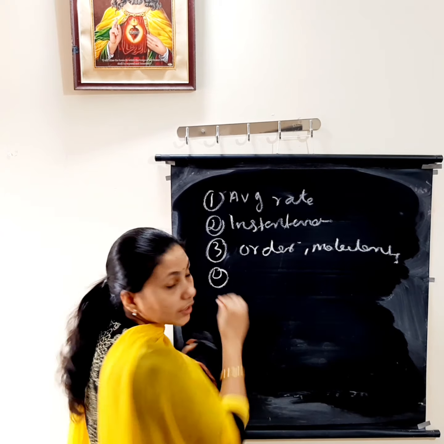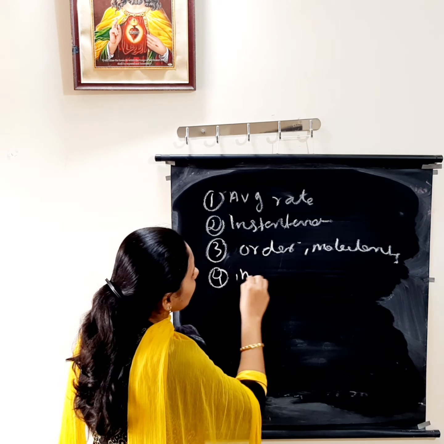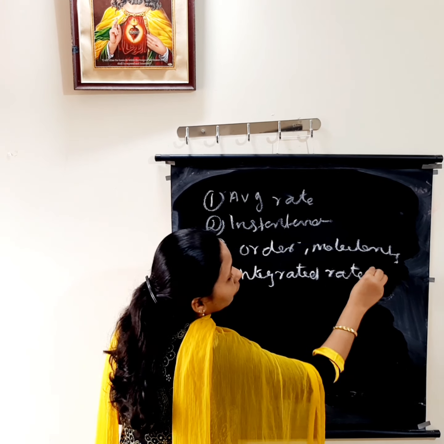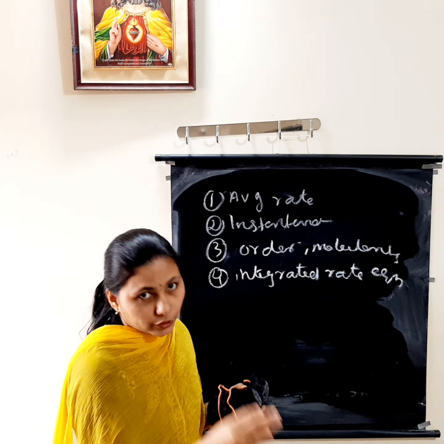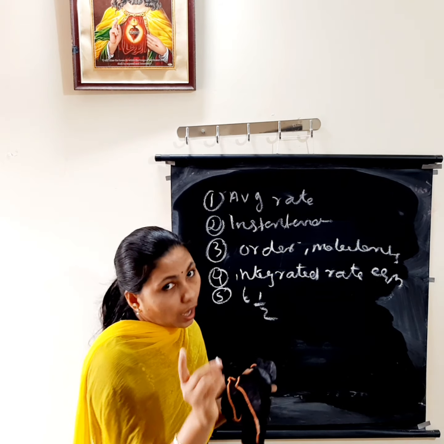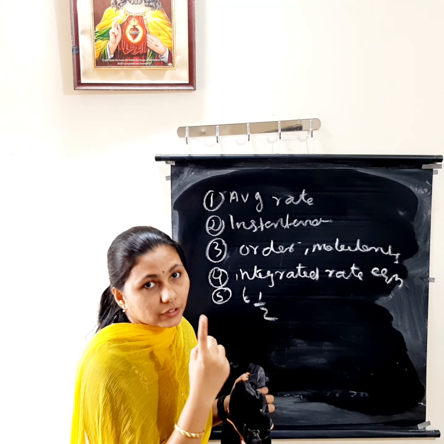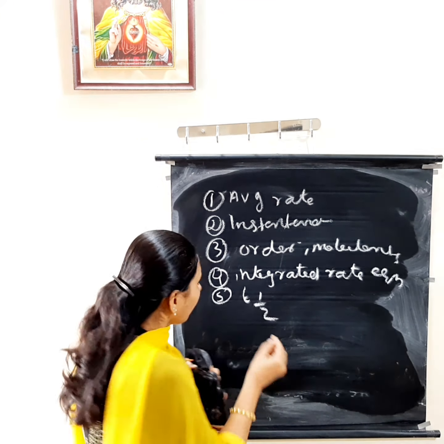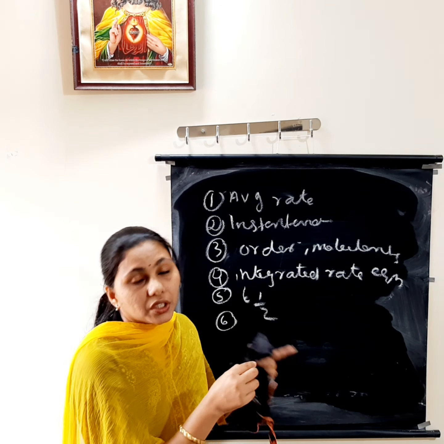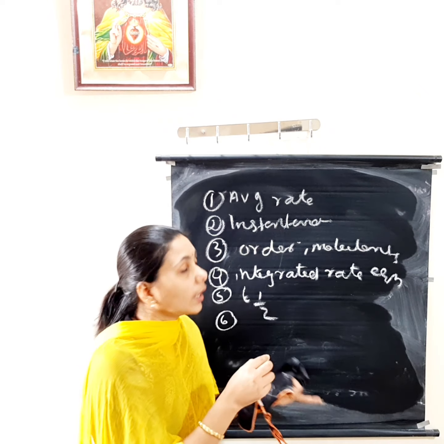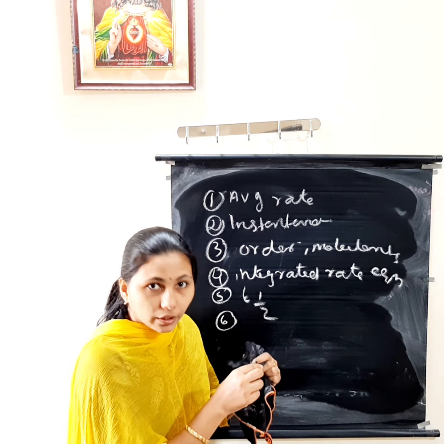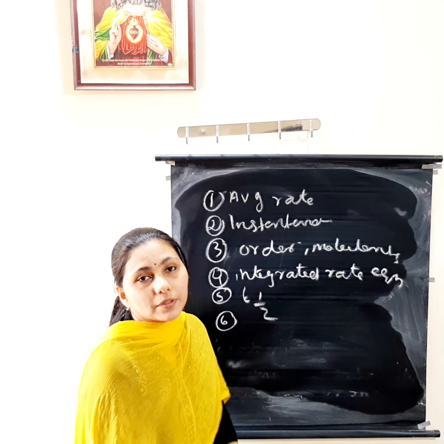Then, very important, the integrated rate equation for zero order and first order reactions, along with half-life for zero order and first order reactions. Then the influence of temperature on rate of reaction, the Arrhenius equation. Then the influence of catalyst. Then the collision theory. That is about this chapter, girls. Thank you.